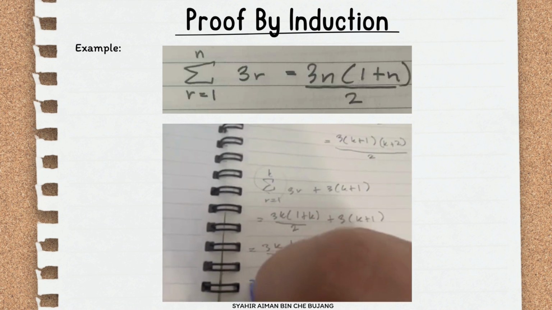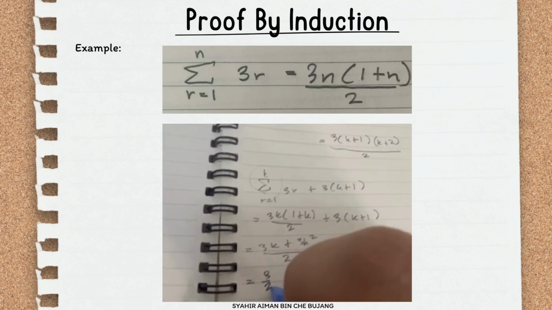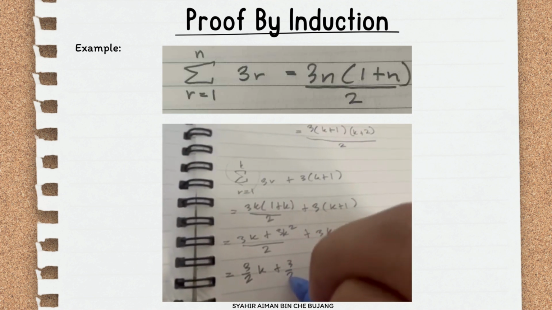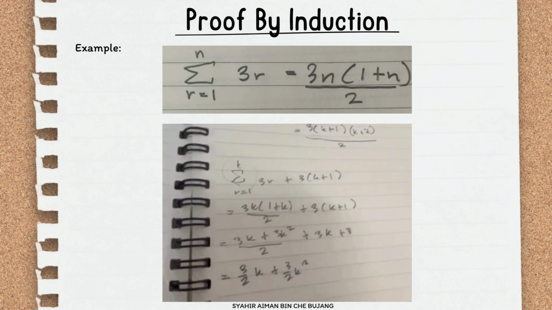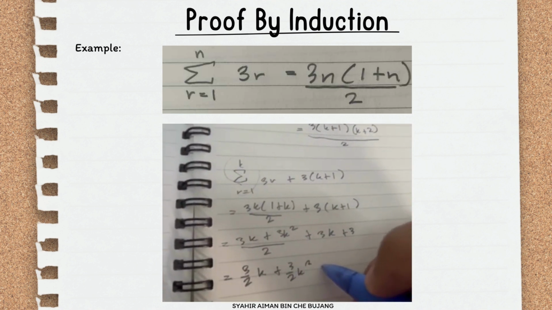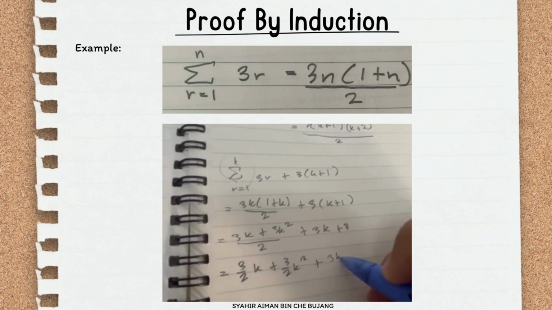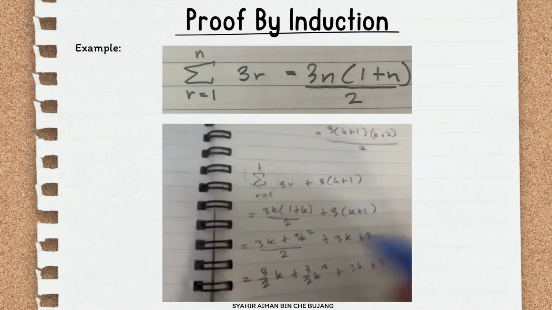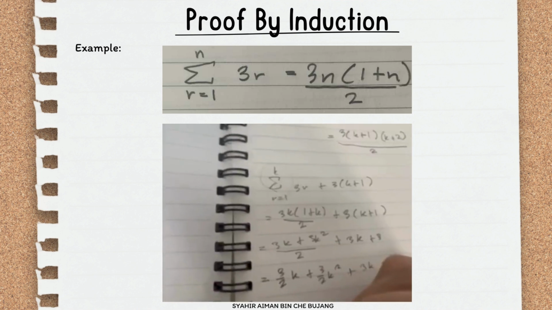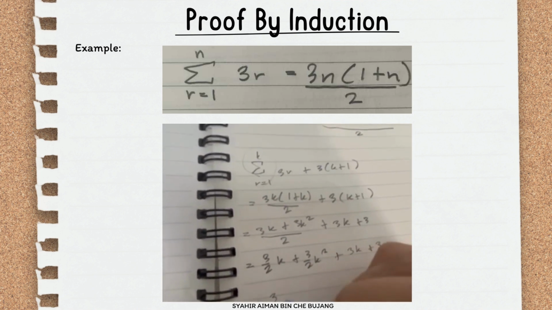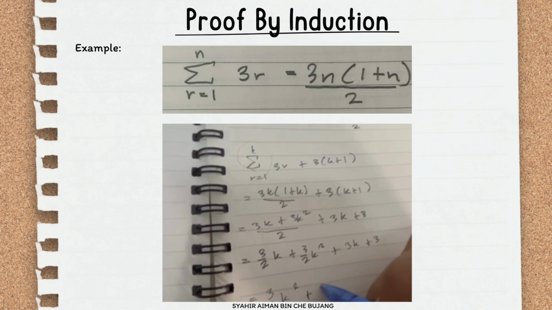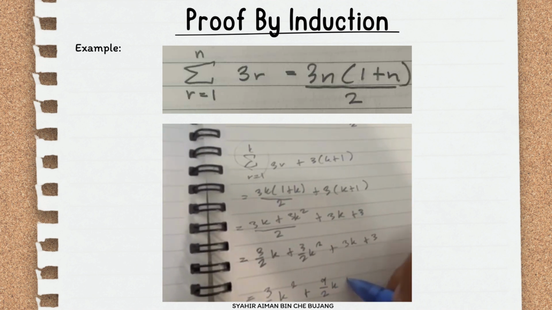So it became 3 over 2 k plus 3 over 2 k squared, plus 3k plus 3. Then it becomes 3 over 2 k squared plus 9 over 2 k plus 3.